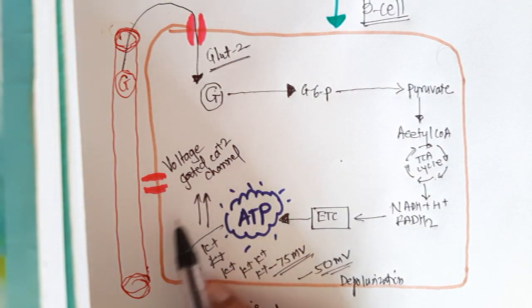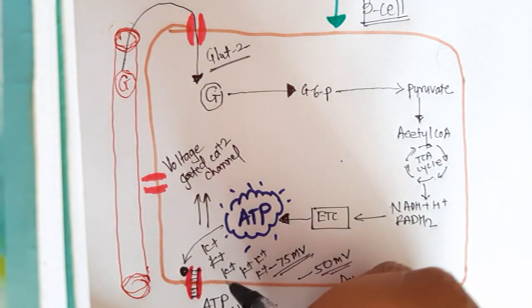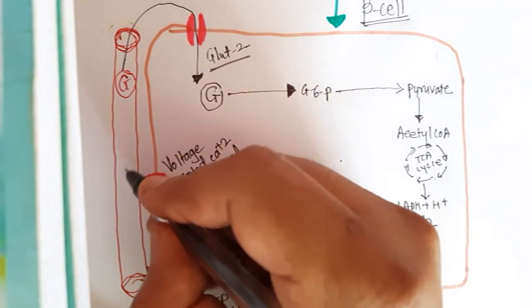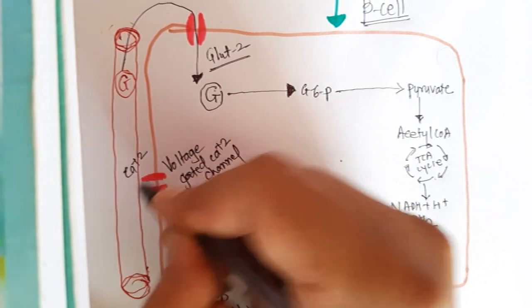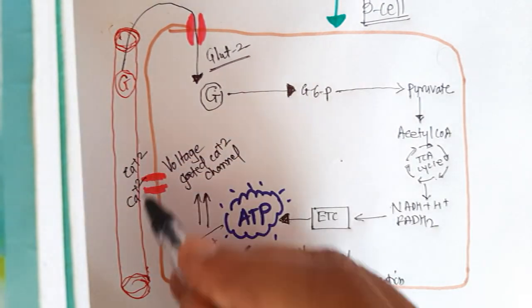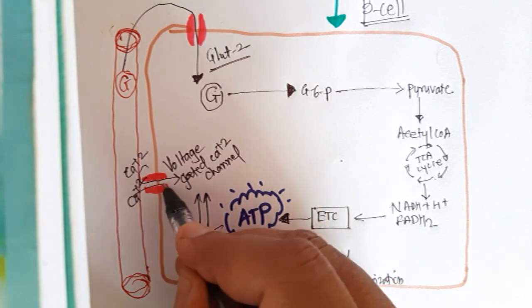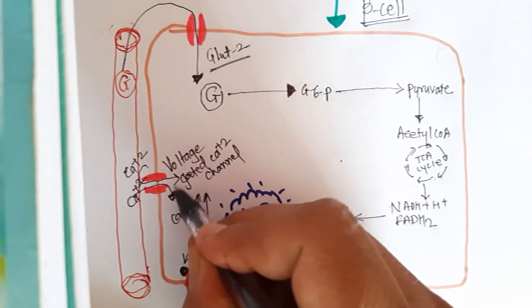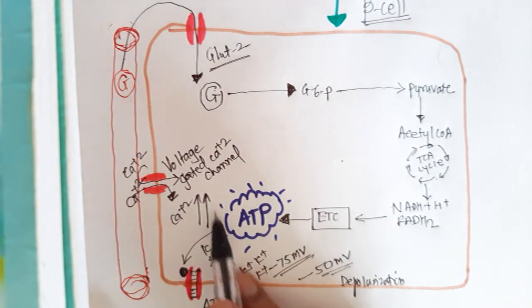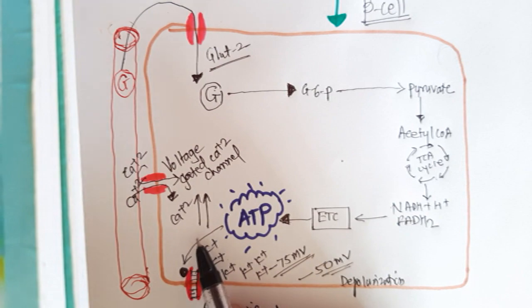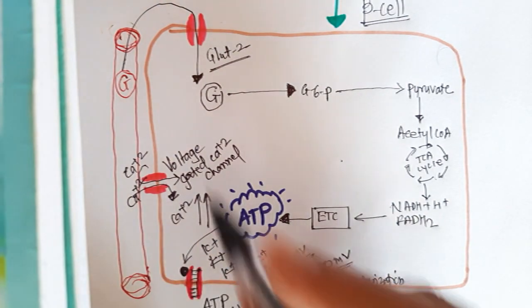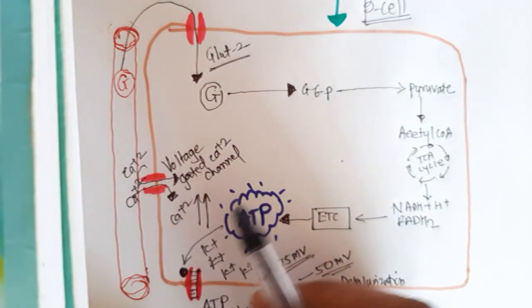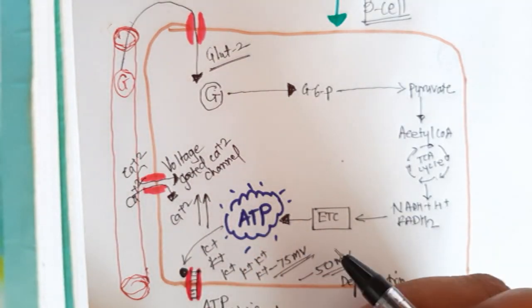Now these voltage gated calcium channels will open when there is a depolarization of the membrane, and what will happen is the calcium ions which are outside of the cell will take entry inside. So this calcium channel will open and the calcium ion concentration inside the cell increases.